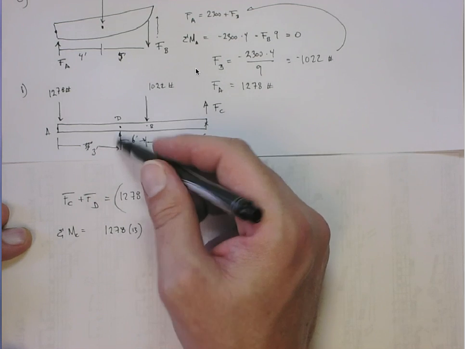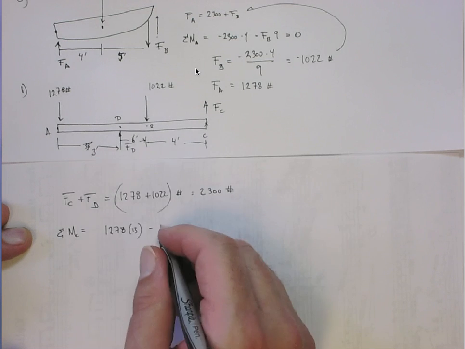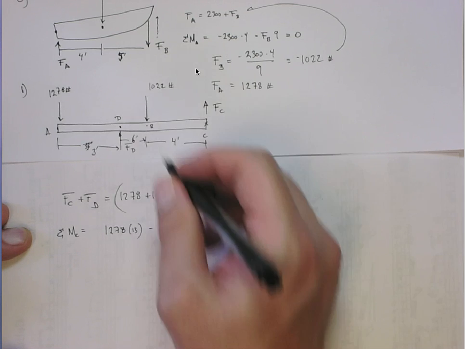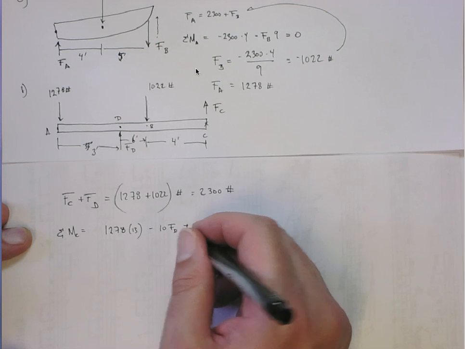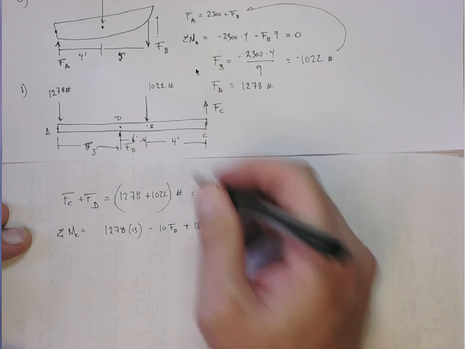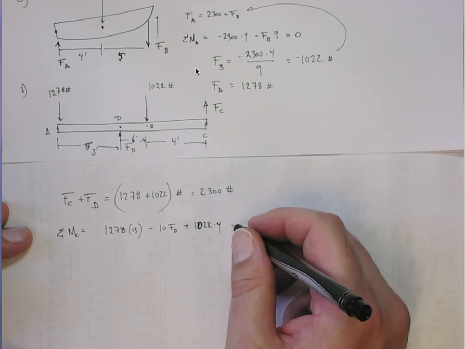FD produces a negative moment around C, and its moment arm is 10 feet. The 1022 produces a positive moment, 1022, and its moment arm is 4 feet, and that's all we got.